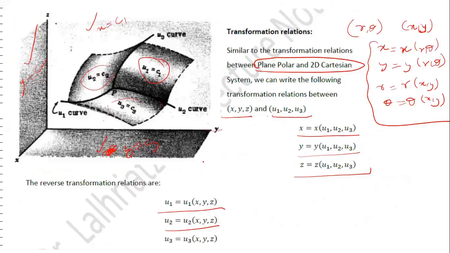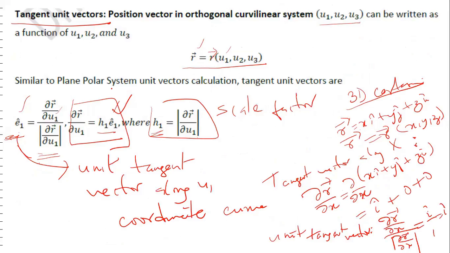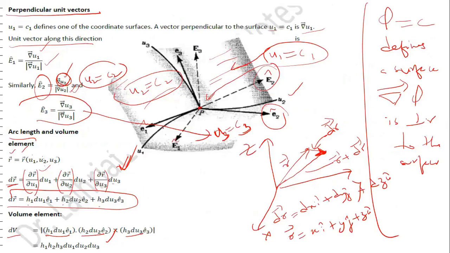So if the u1, u2, u3 coordinate lines intersect at 90 degree, the tangential unit vectors e1 cap, e2 cap, e3 cap are also at 90 degree. They are mutually perpendicular. And similarly, capital E1, E2, E3 are orthogonal, right?